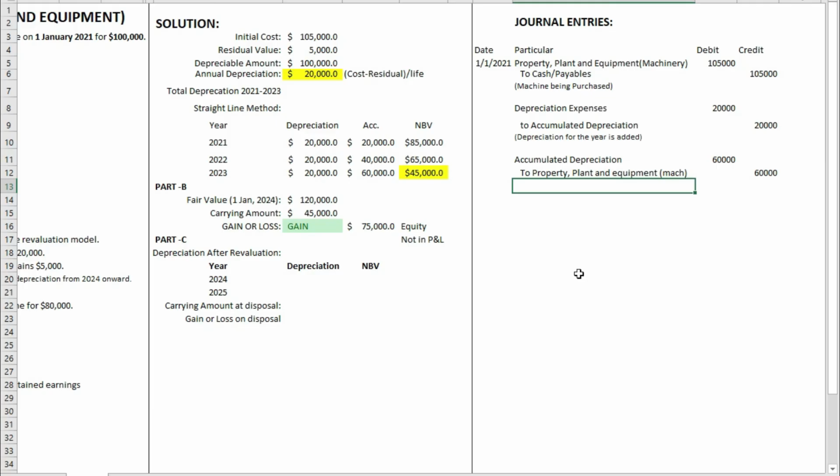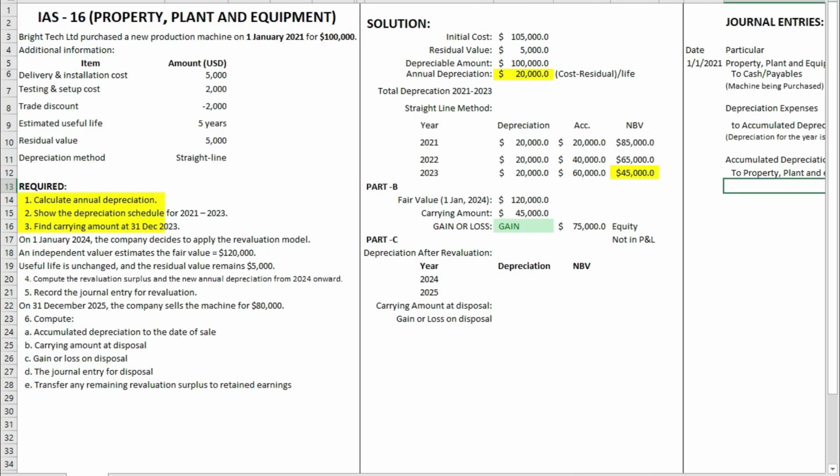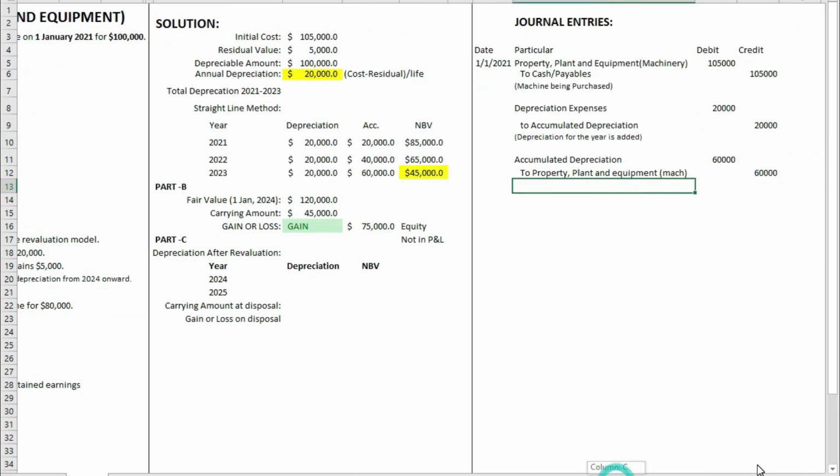Now we will record the revaluation to the fair value as well, which was 75,000. The next journal entry would be debit the property. Again, I'm just copying this.